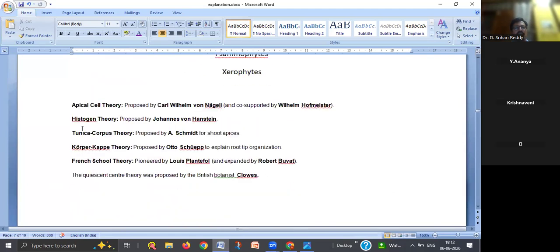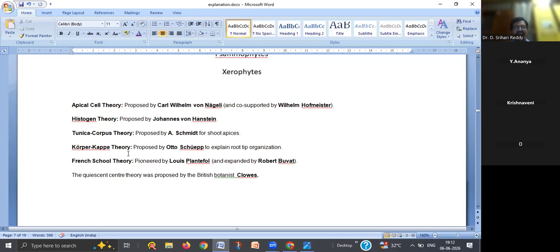Apical cell theory. Who proposed apical cell theory? Yesterday we discussed: Nageli, Hofmeister and Nageli. And histogen theory, it is related to the root apex, proposed by Hanstein. And tunica corpus theory, it is related to shoot apex and proposed by Schmidt.